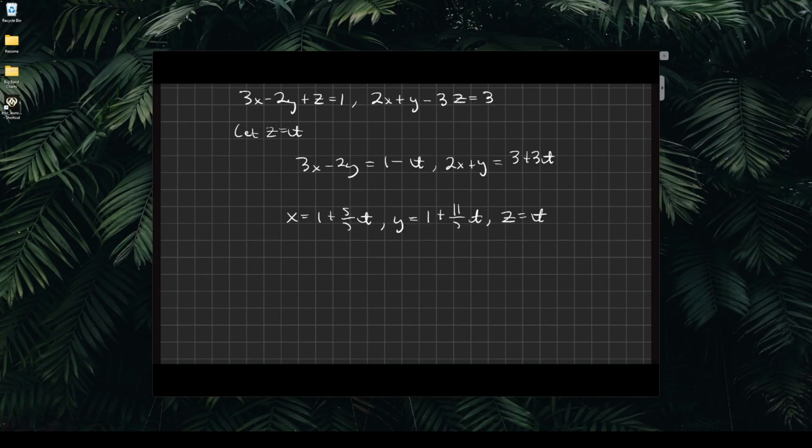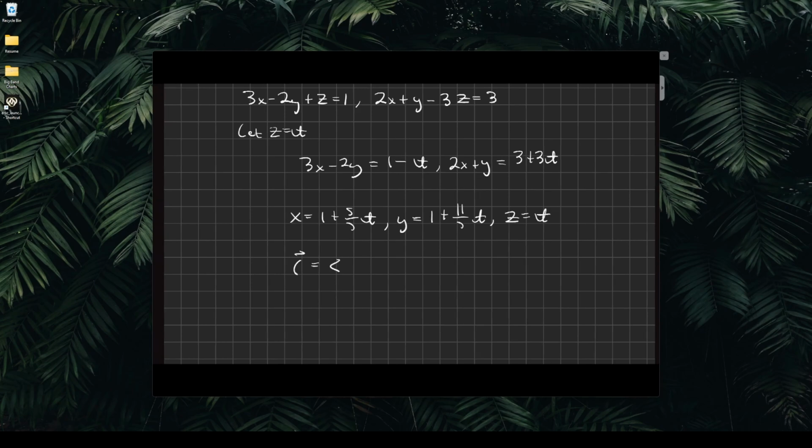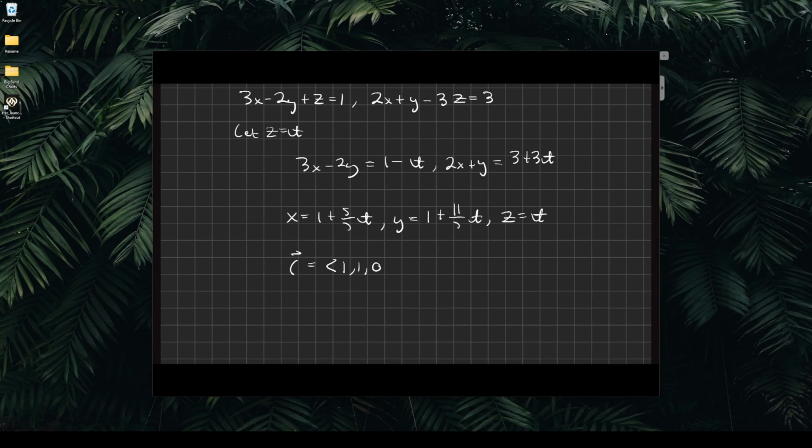Okay, so now we'll rescale the direction vectors. So this will be r equals 1, 1, 0 plus, I'm going to use lambda this time. Lambda is just some scalar. This will be 5, 11, 7. So I'll write here to the side that lambda is just some scalar.